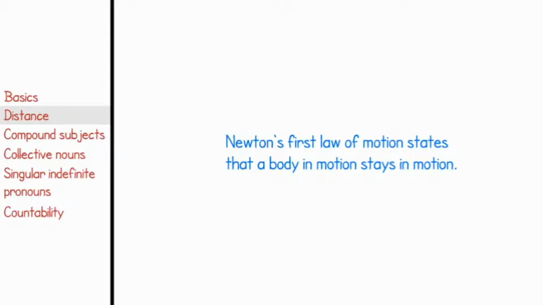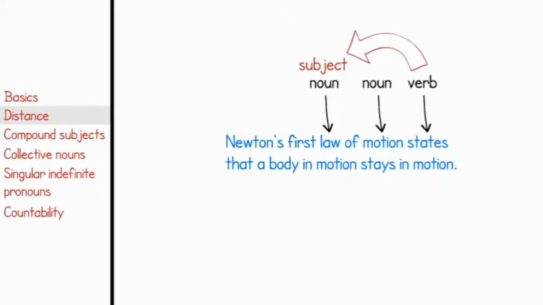In this sentence, even though the noun motion is closer to the main verb states, the subject is the noun law, which appears earlier in the sentence. Sometimes you need to look back in the sentence to identify the subject. Don't assume that the subject is the noun just before the verb. If you find it hard to identify main verbs and subjects, try the exercises below.